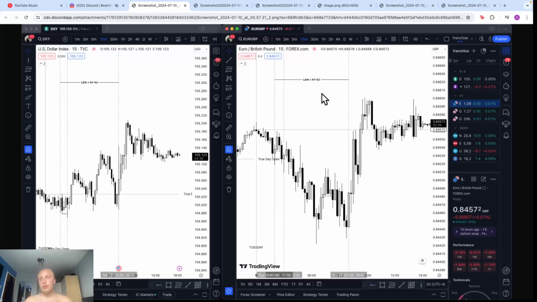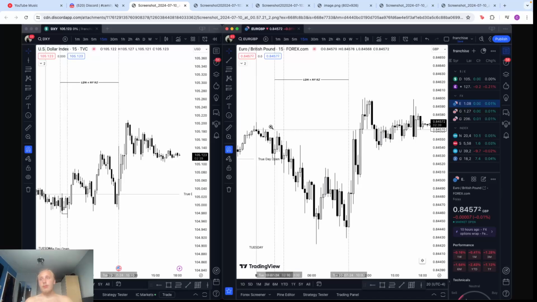During our New York kill zone, we would have already seen we've pushed higher again, rejected, and then during our kill zone from here to here, we just continued the low close. So we could see, okay, Euro GBP is an open high, and we've proved that because it's rejecting the true day open and has failed to come higher.